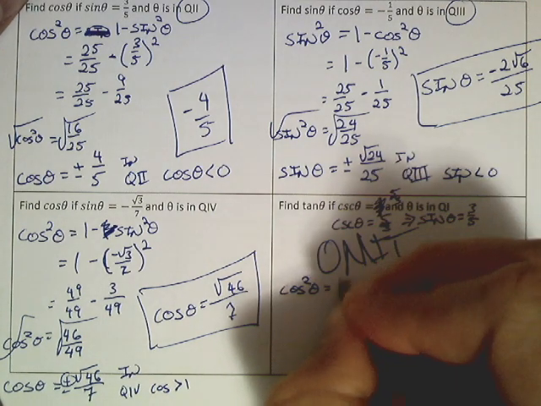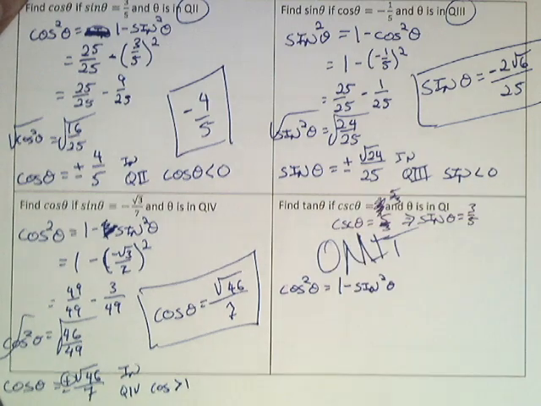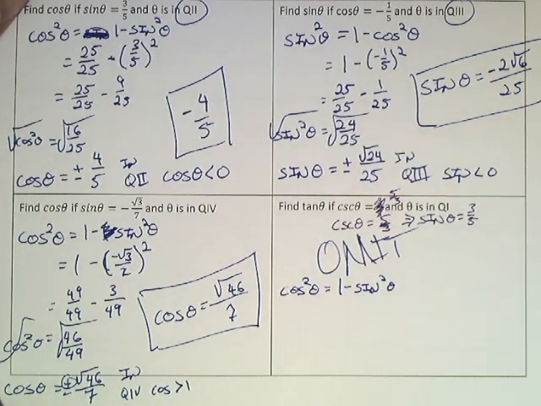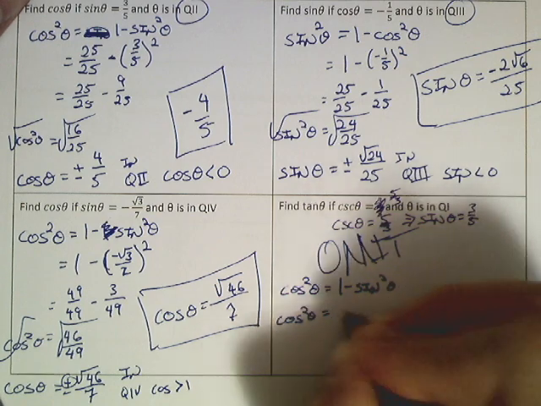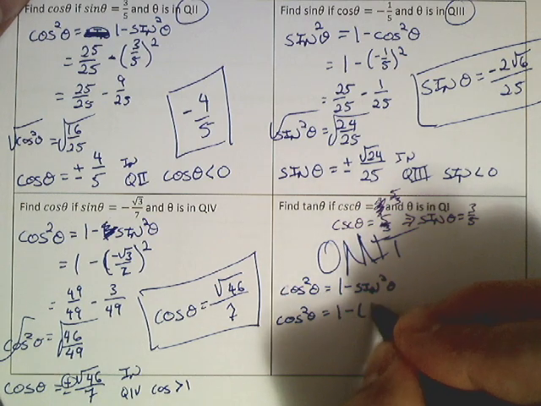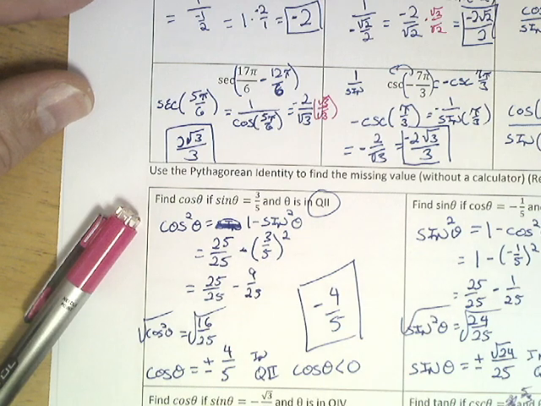So cosine squared is equal to 1 minus sine squared theta. So cosine squared theta is equal to 1 minus 3/5 squared. If we go back up here, we notice that this is the same number, 1 minus 3/5 squared.